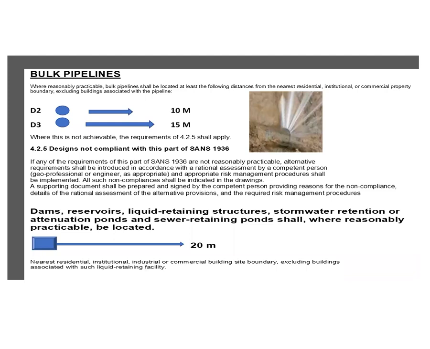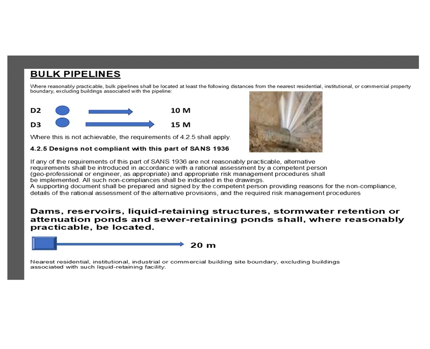And then they need to go and do a risk management. They need to do some checks, studies, and tests. They need to do some drawings. They need to indicate the non-compliances. It's a very, very involved process. And obviously, remember, at the end of the day, it's about the safety of people living in these kind of dolomitic areas. Supporting documents need to also be attached and signed by a competent person providing reasons for this non-compliance. So, guys, huge risk management processes are in place.